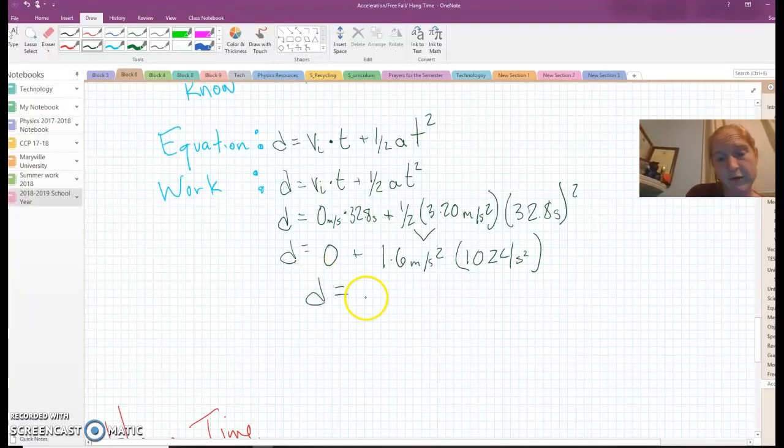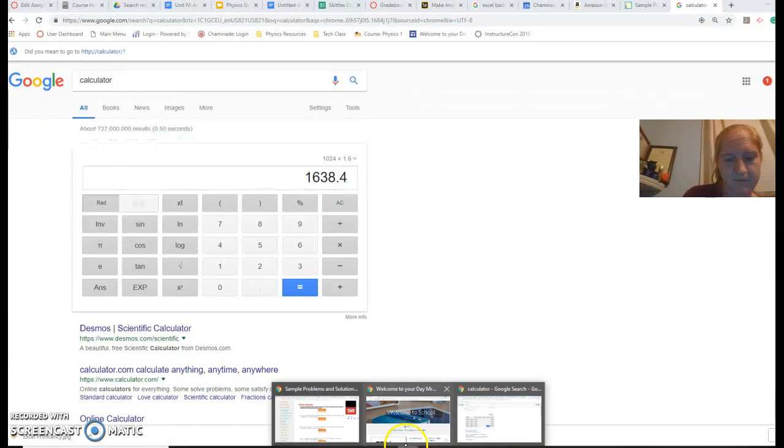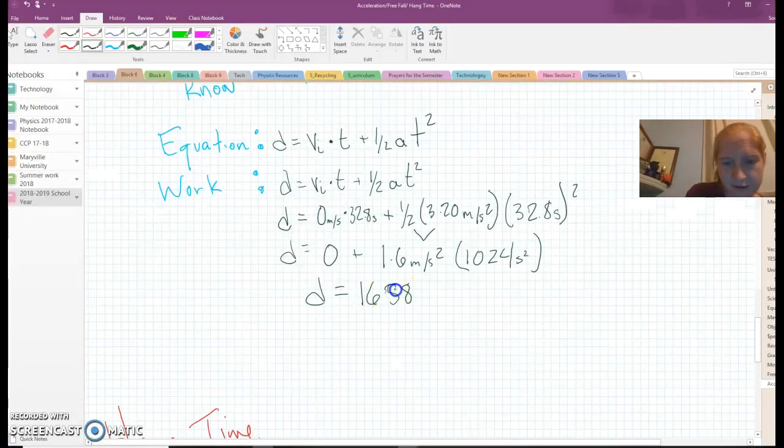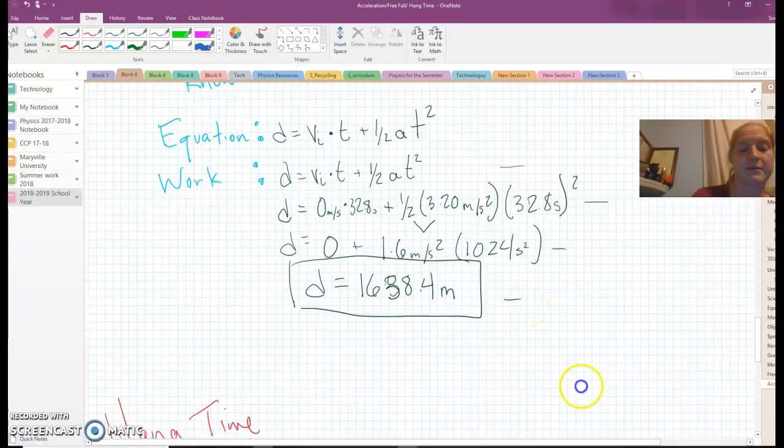Distance equals 0 plus all of this, so I believe I got 1.6 when I calculated this out, 1.638.4, hang on, might still have it. It was close: 1638.4 meters. There's my answer. I showed every step of the way, so I knew where my mistakes were.